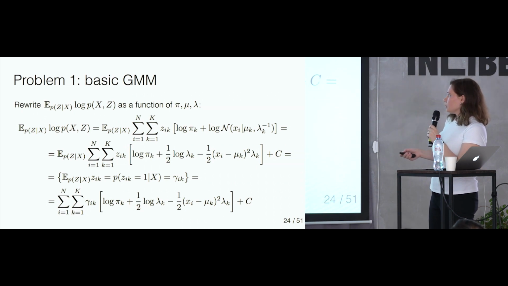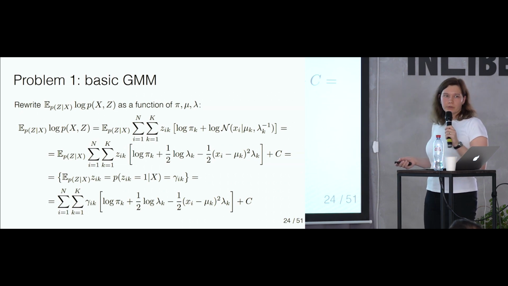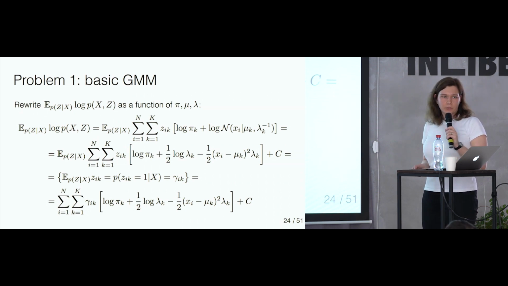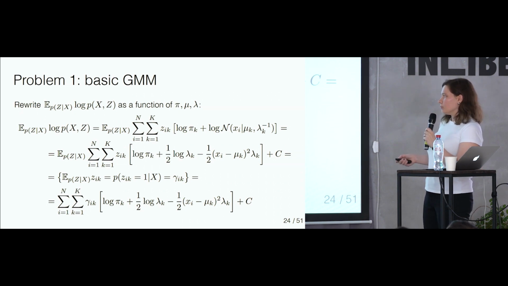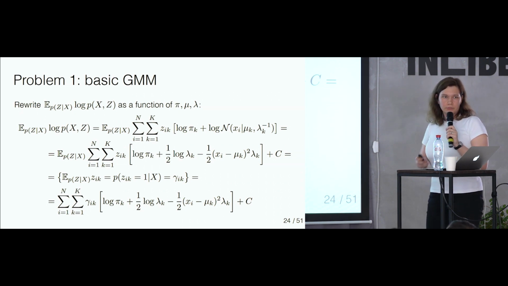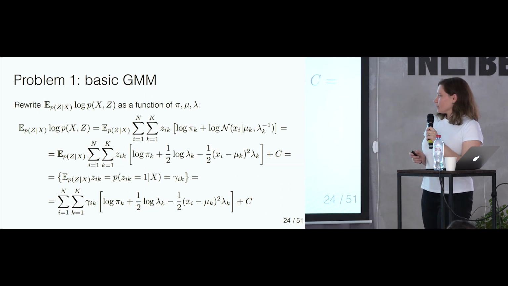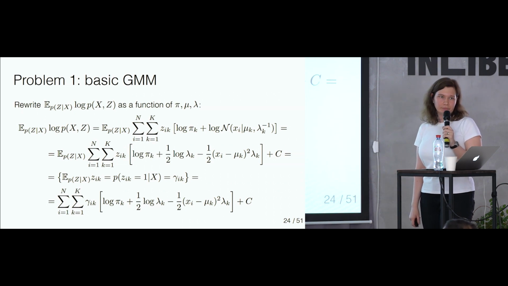Then we use the fact that we know our posterior distribution from the previous step, therefore we can compute the expectation over our posterior, and we denote it as some gamma ik. And this is the resulting objective which we want to maximize.